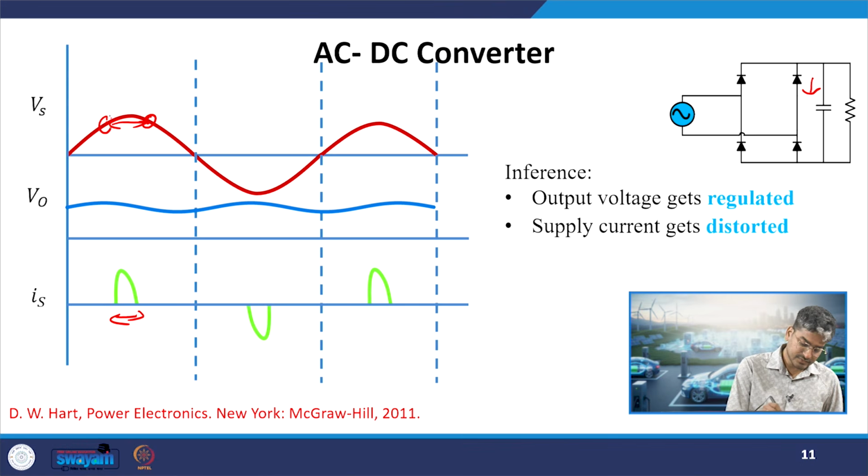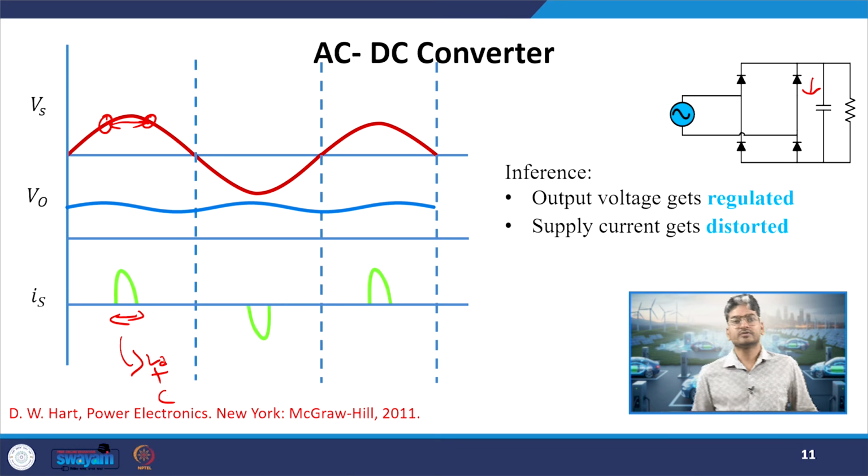Again, when the supply voltage gets below the capacitor voltage, diodes get reverse biased. So, they stop conducting. So, your source current will become peaky in nature. Okay. Because in this small duration, the entire load power plus the power which will be stored inside your capacitor will be drawn during this small time.